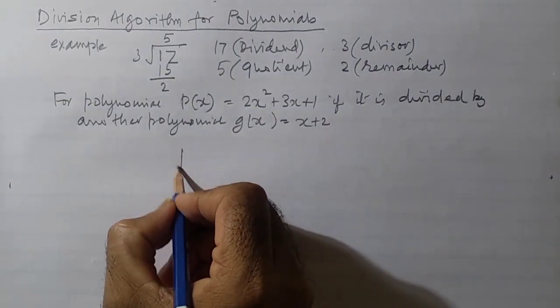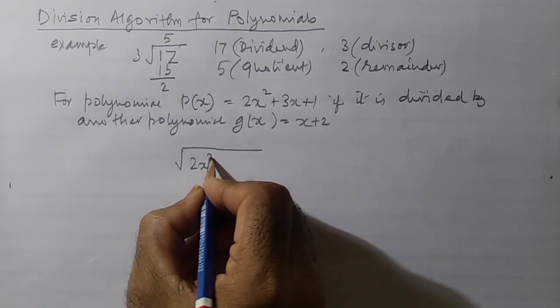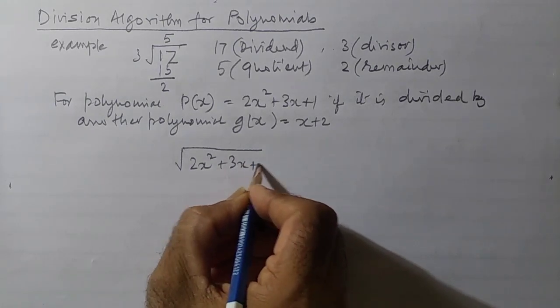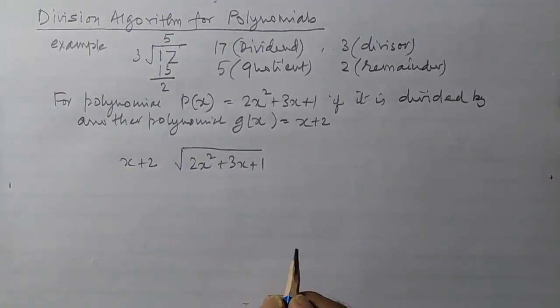Let's do that. 2x squared plus 3x plus 1, divided by x plus 2.